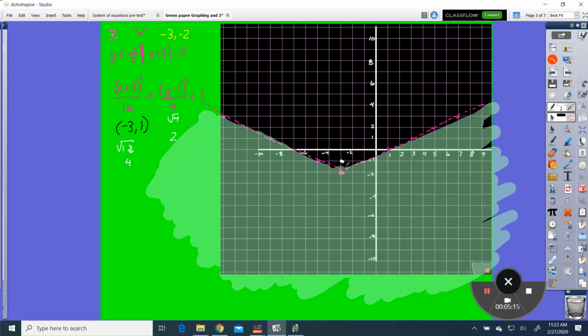So in the x direction, I need to go 4, 1, 2, 3, 4. Put a dot, 4 to the right, 2 up, 2 down. Less than means the lines are dotted. And since it's less than, it's shaded on the inside.